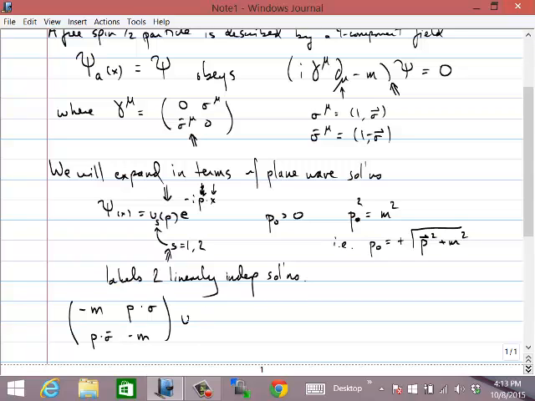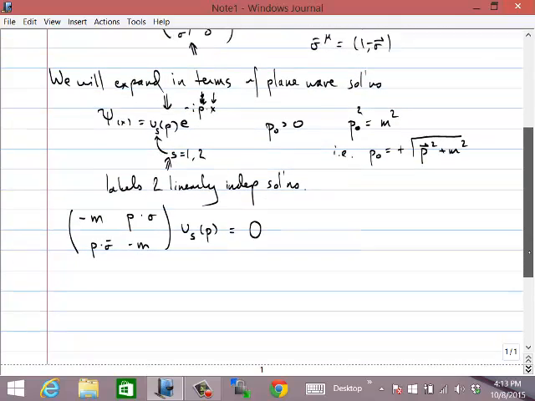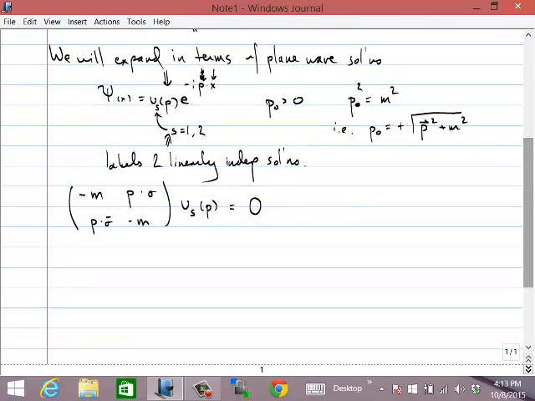U is one of our two four-component spinors, and it just has to be a zero eigenvector of that 4x4 matrix. Finding the zero eigenvectors of a matrix is not hard to do.